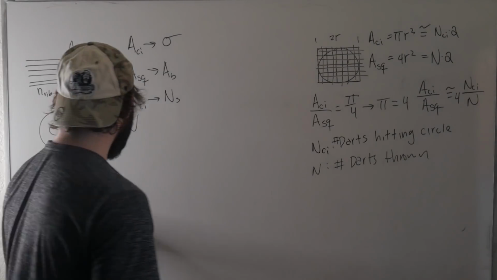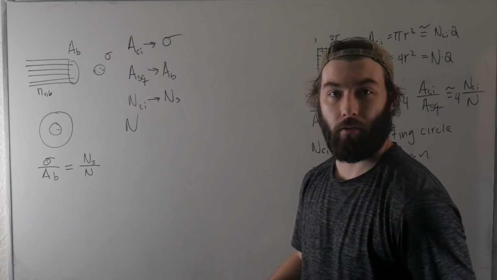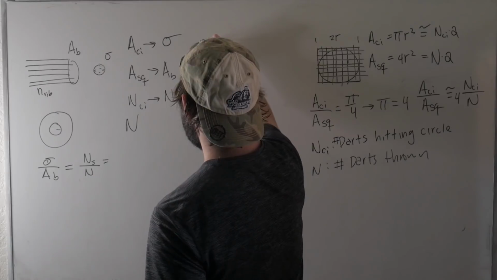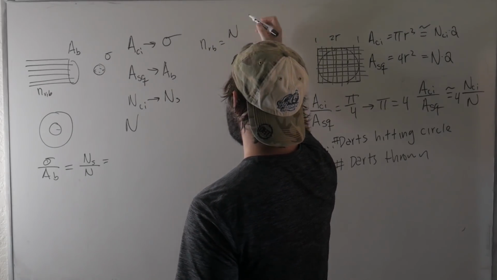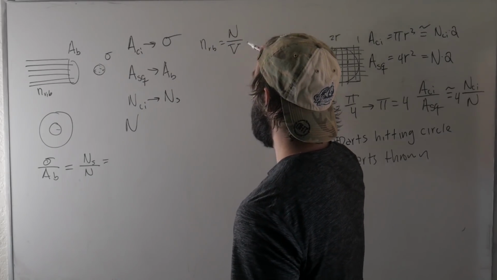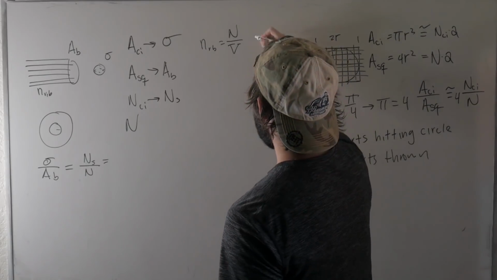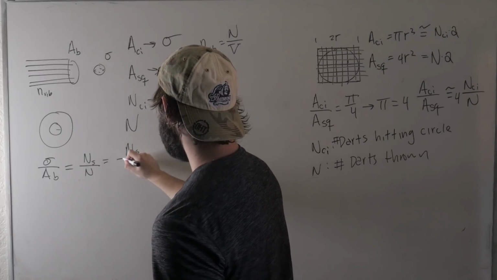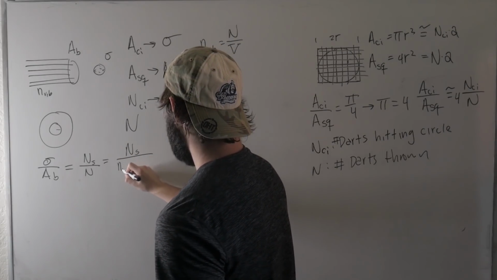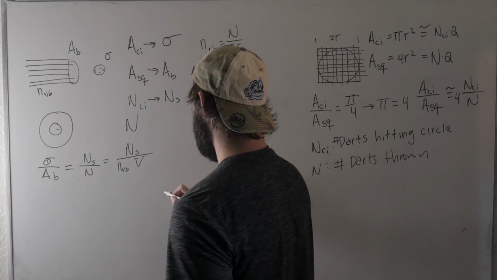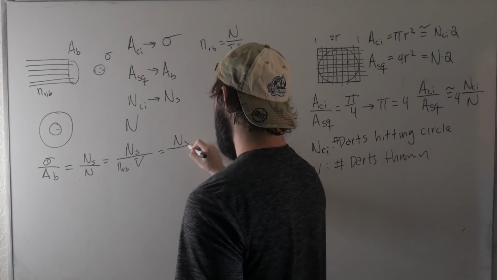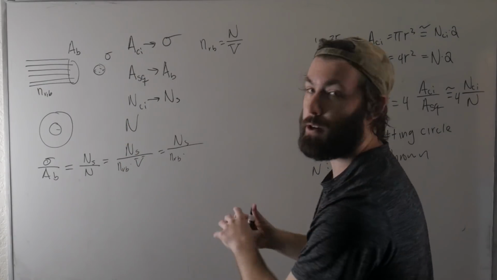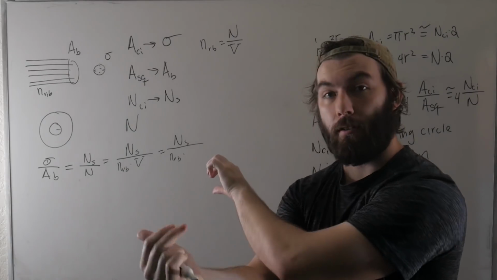And we can express this total number of particles in the beam in terms of a beam density, right? The beam density, n_B, is just the total number of particles in the beam divided by the volume that it's enclosed by. So this is equal to N_S divided by n_B times the volume, which is equal to N_S over n_B times the volume of a cylinder, which is just its cross-sectional area times the length.